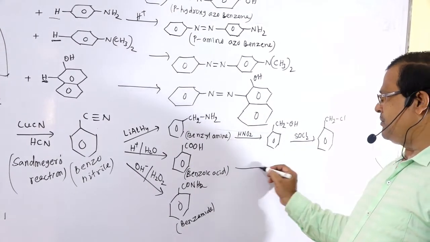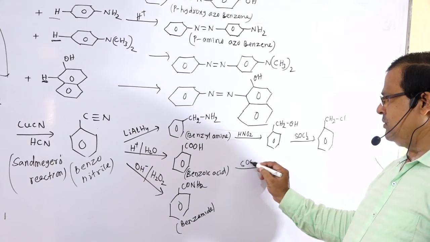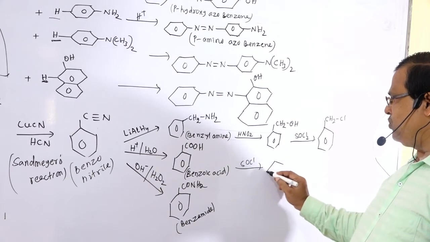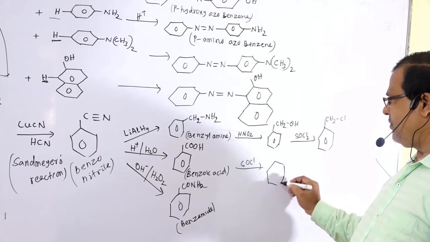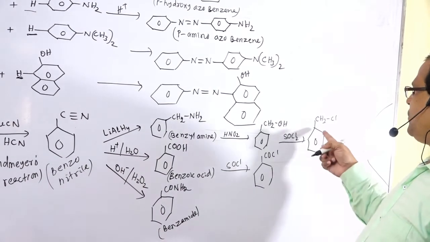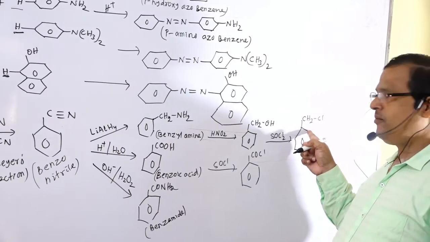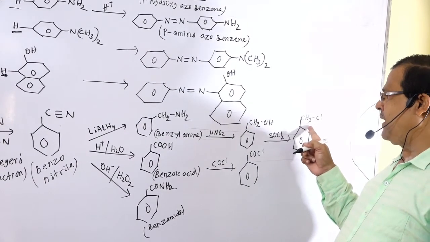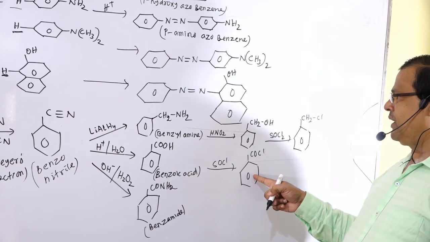Benzoic acid treated with SOCl2 gives benzoyl chloride, COCl. Mark it. This is benzyl chloride, and this is benzoyl chloride.